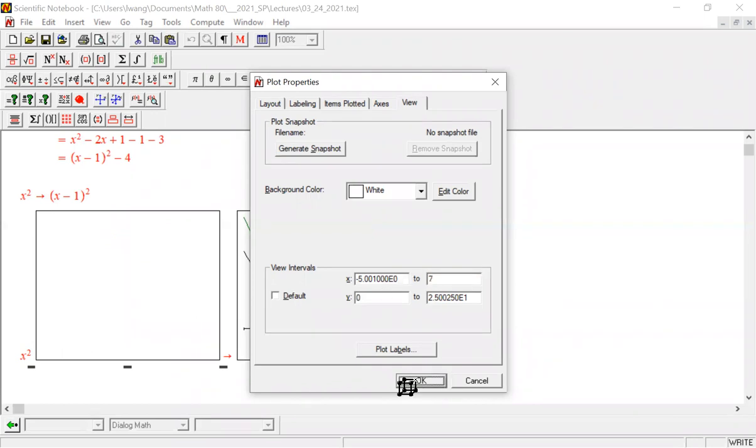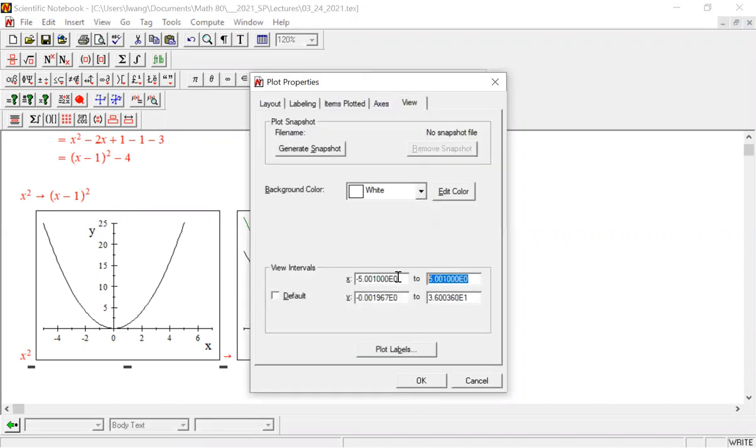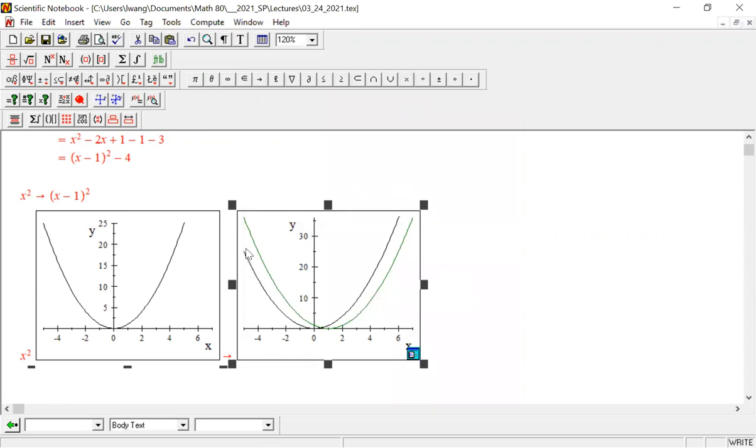So the x squared is shifted right by 1 unit.